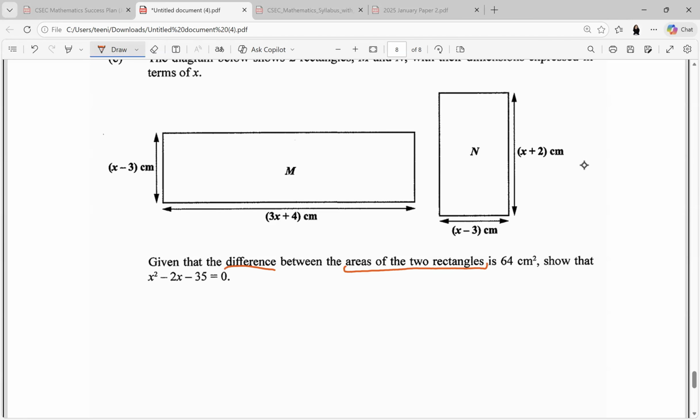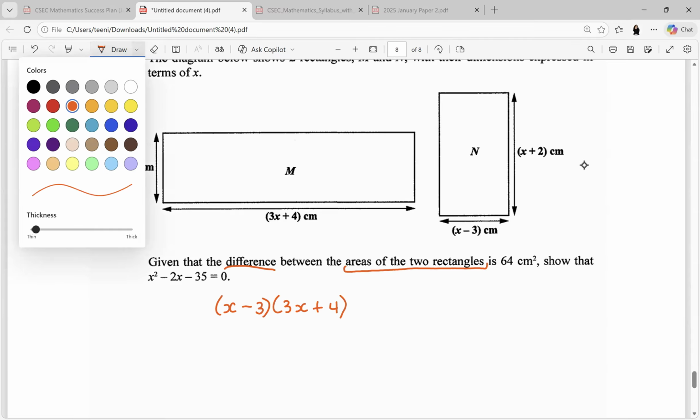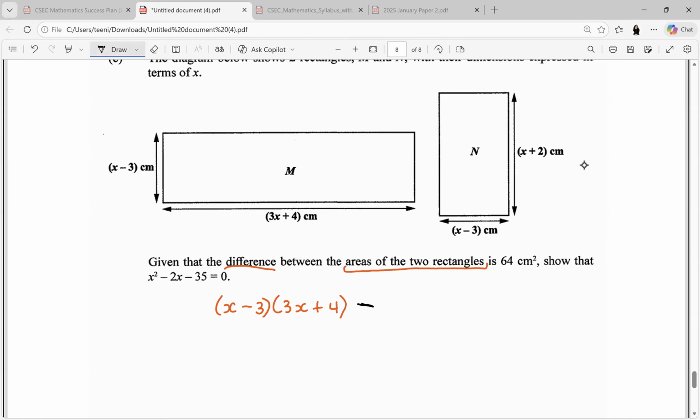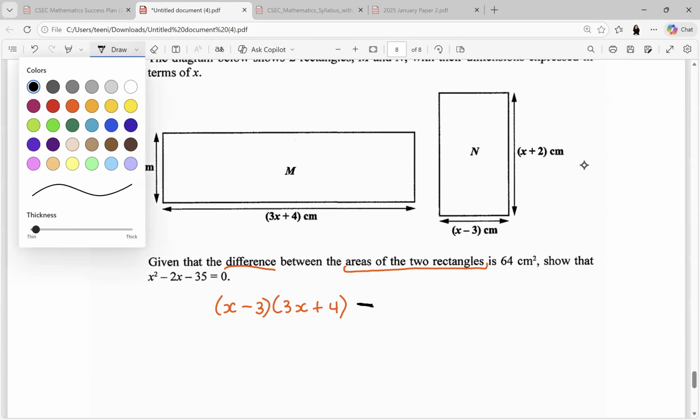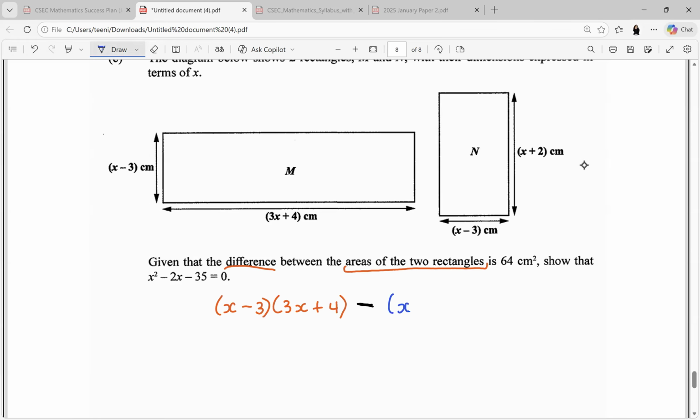So if I had to represent the area of M, that would be length times width. So that would be x minus 3 times 3x plus 4, right? That would be the area of M minus the area of N, which can be represented as x plus 2 times x minus 3.